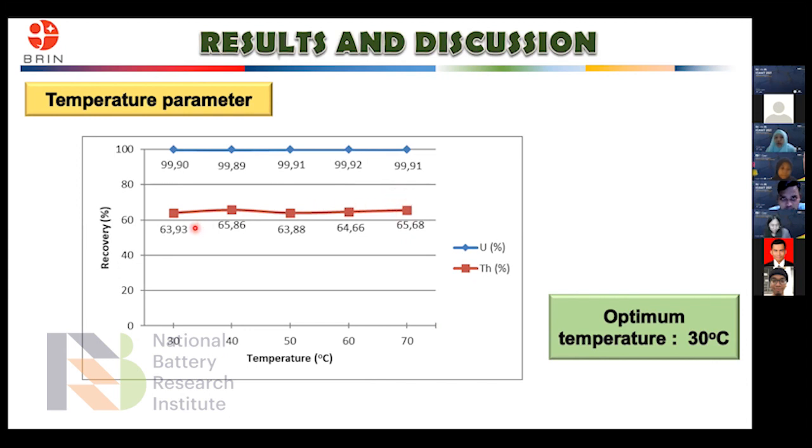Likewise, the recovery of thorium tended to remain in the range of 63 to 65% across the temperature variation. From this data, the optimum temperature chosen was 30 degrees Celsius, with uranium and thorium recovery of 99.90% and 63.93% respectively.